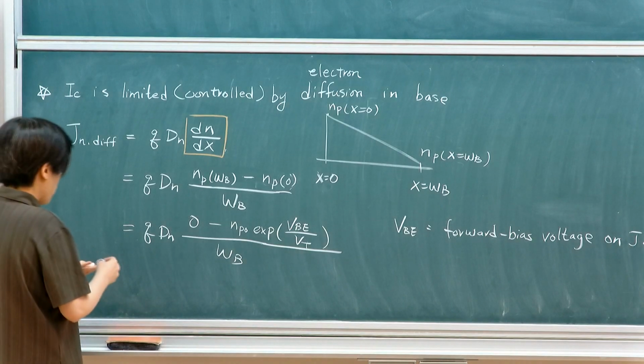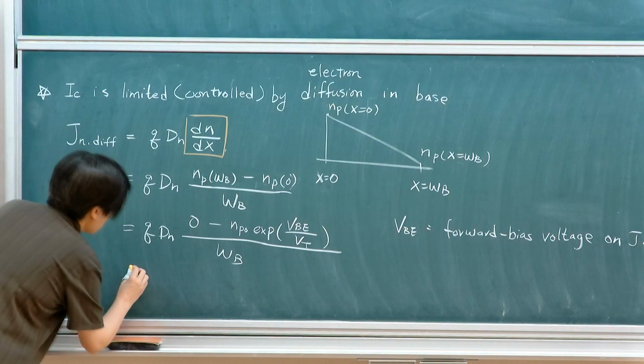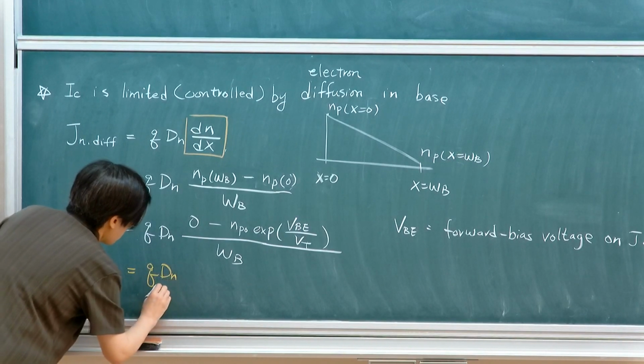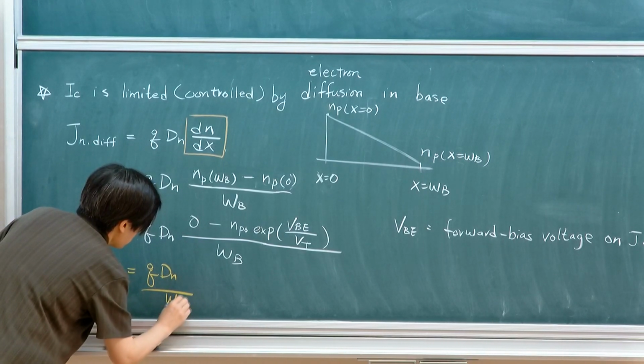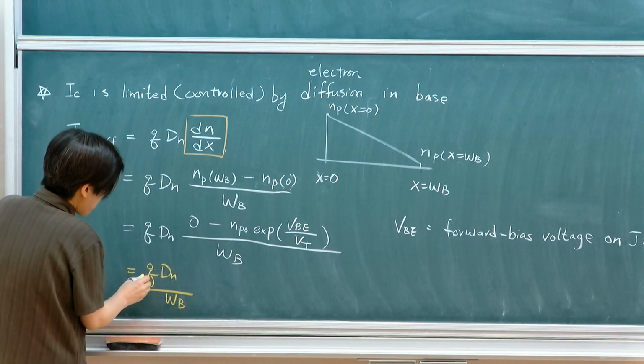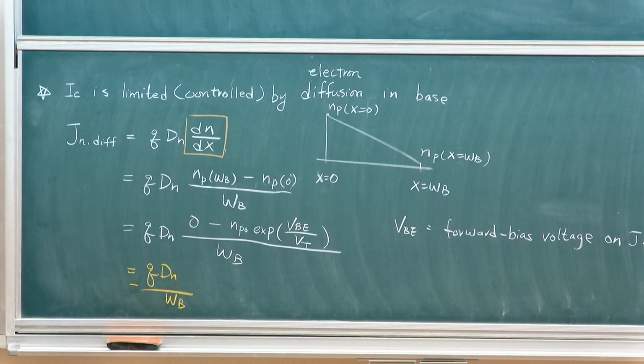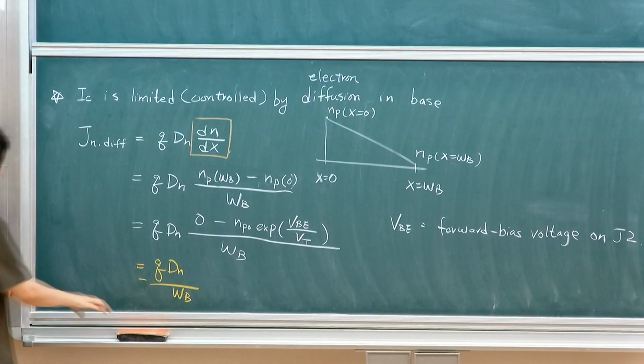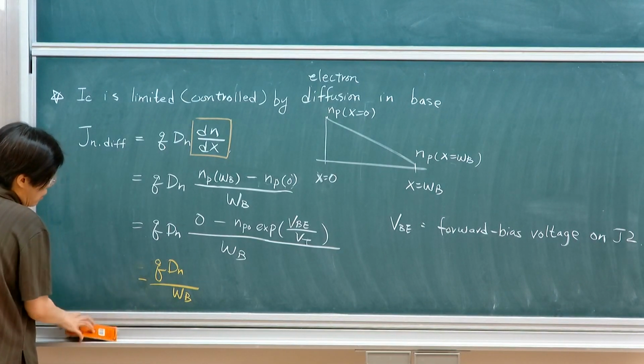So then we can actually get an equation. So this would then be Q Dn over WB. And there will be a minus sign. The reason for the minus sign is because electrons are going this direction, current is going the other direction. Therefore, the minus sign is simply because it's minus x.